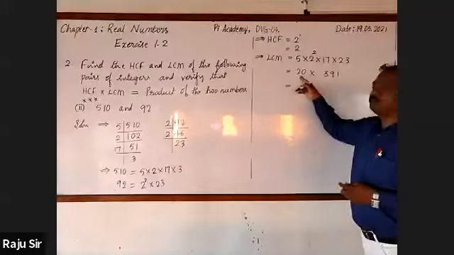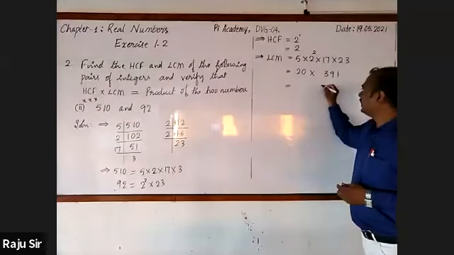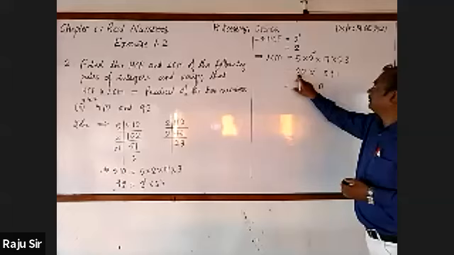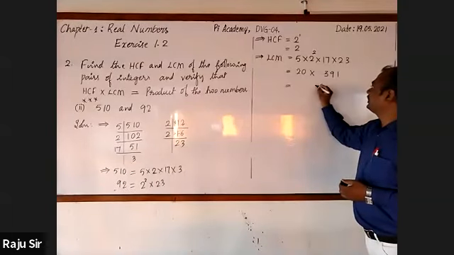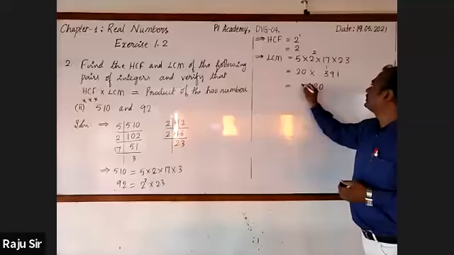Now you may go for multiplying 391 with 20. There is 0. Now multiply this by 2. 2 1s are 2, 2 9s are 18 carry 1. 2 3s are 6 plus 1, 7.